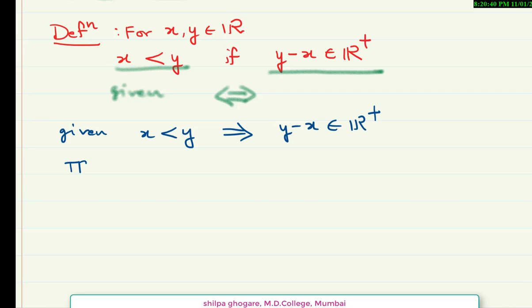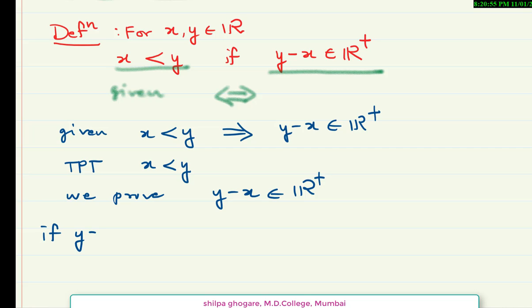Whereas if you want to prove that x is less than y, we prove y minus x belongs to R plus. Means if y minus x belongs to R plus, it will imply that x is less than y. So that is what I mean by both ways.